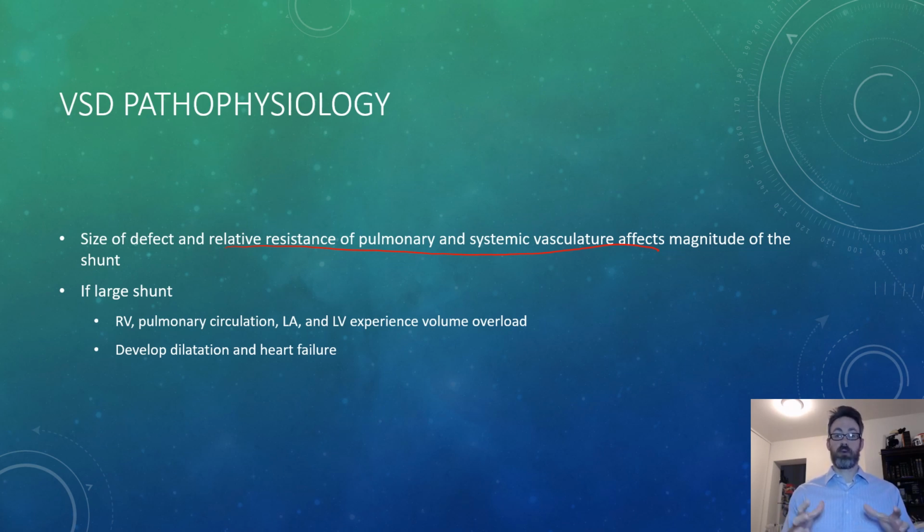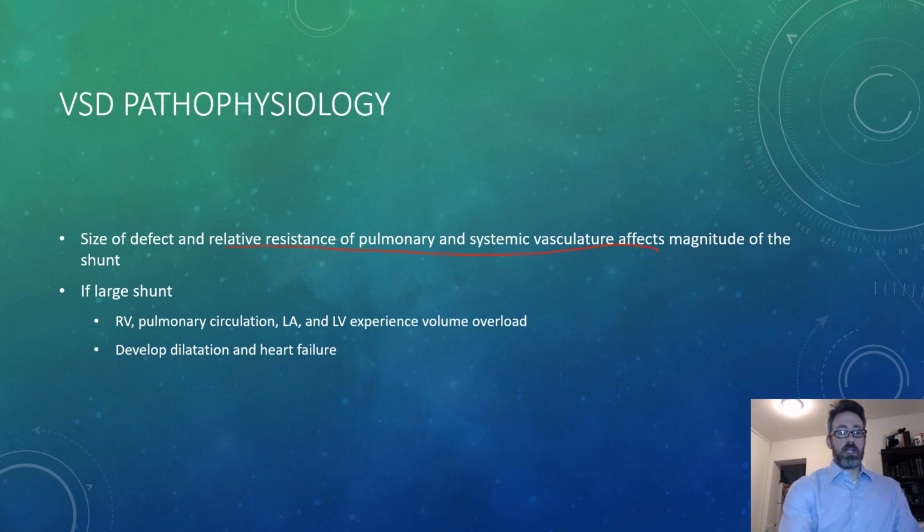So the right ventricular pressures go up, and that's going to resist any movement of blood from the left ventricle into the right ventricle, which will also affect the ability to shunt. I'm going to talk about this in more detail a little later, but ultimately the pressures could get high enough where the shunt could reverse.